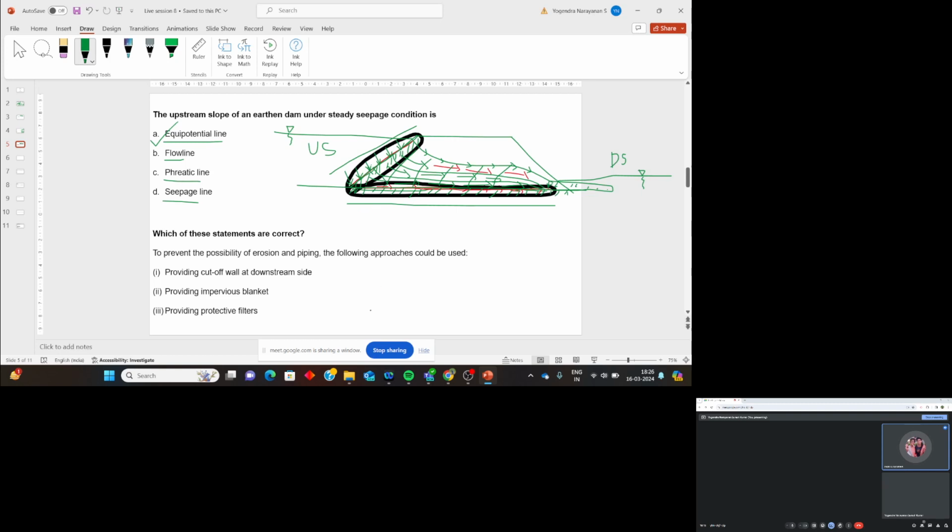Just a minute. See here. Let me check once. Okay, sir. So here it is. You have a downstream filter, and this is like this. And you have like this. And this like this.